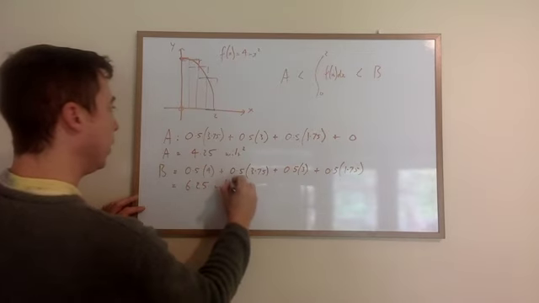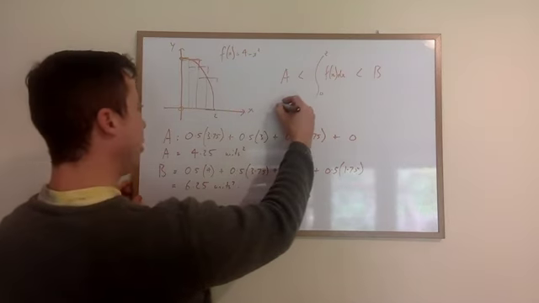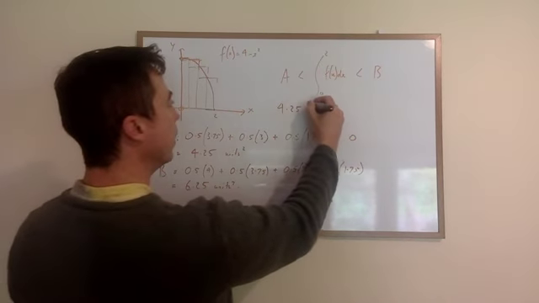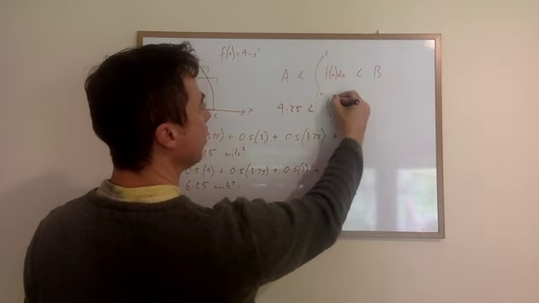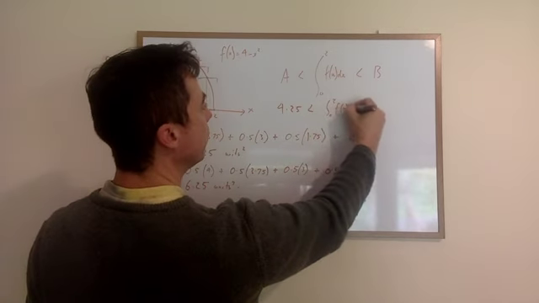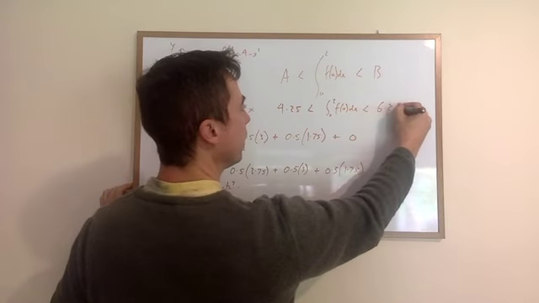Alright, so now this statement up here, we know that our true area, as represented by the definite integral, lies between 4.25 and 6.25.